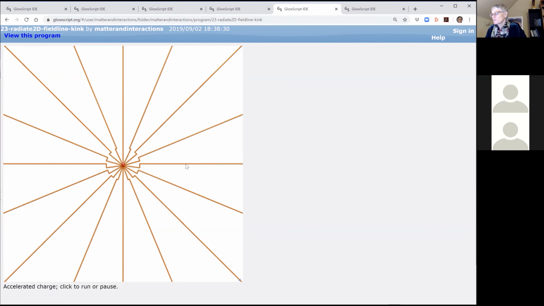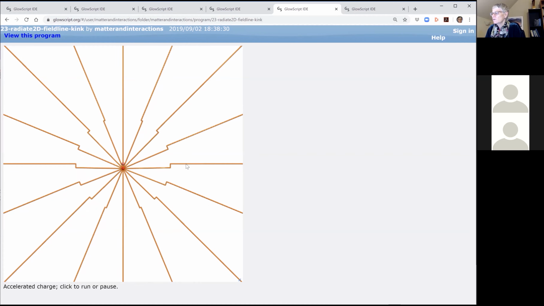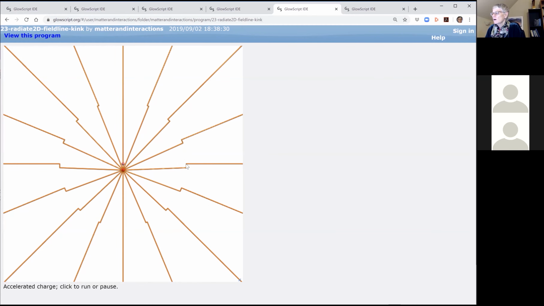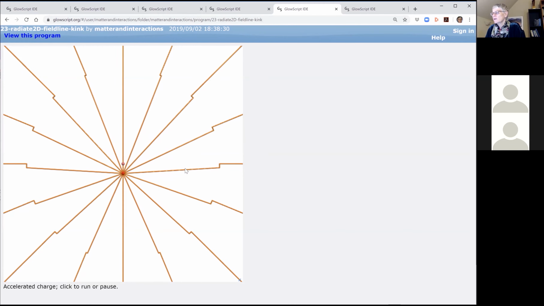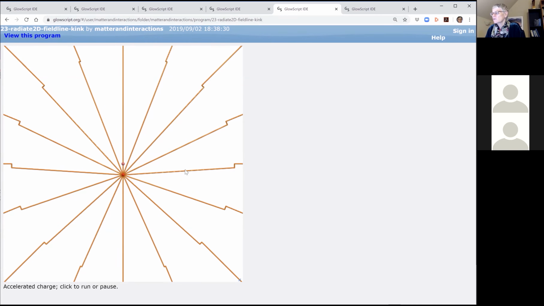So we're an observer standing on this horizontal field line to the right of the charge's original location. And let's see what happens. So we see a field pointing away from the original location. Oh, we see a field pointing down, and now we see a field pointing at the new location of the charge.